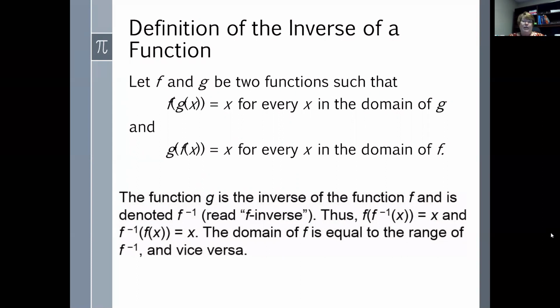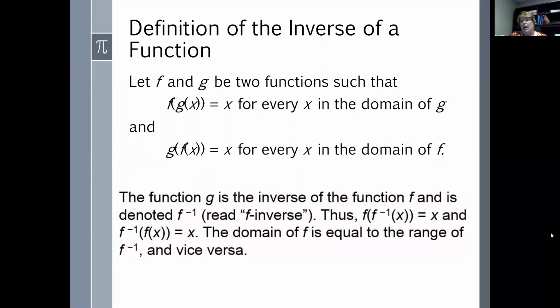So what does the inverse do? It interchanges the domain and range. The inputs of a function become the outputs of the inverse. The outputs of a function become the inputs of the inverse. You interchange the domain and range to find the inverse.